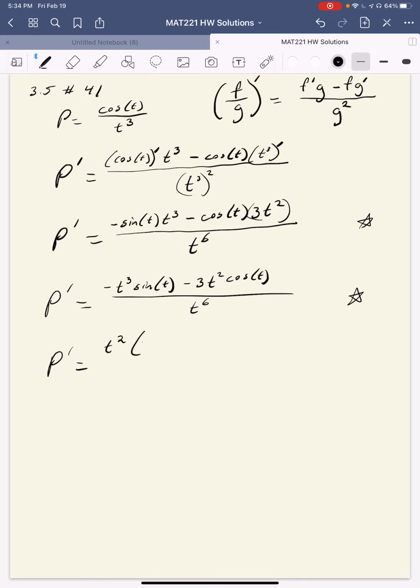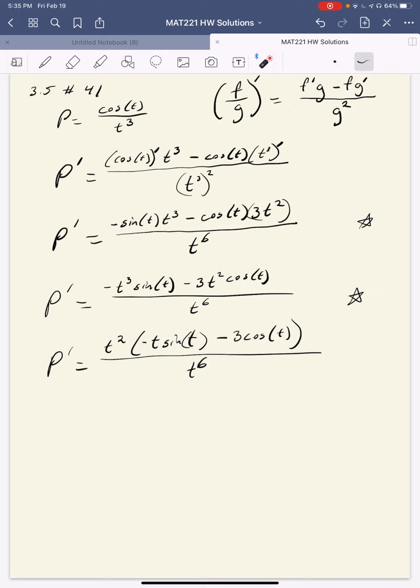That would leave me negative t sine t minus 3 cosine t all over t to the sixth power.